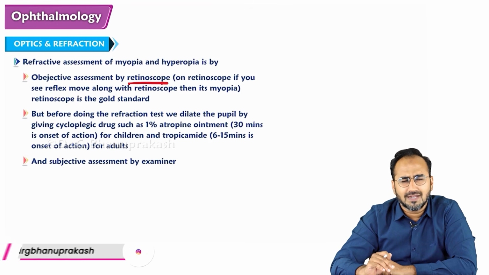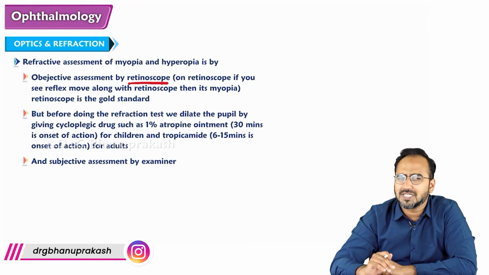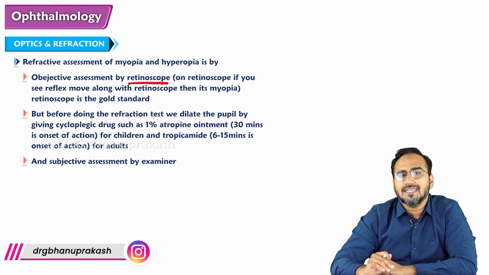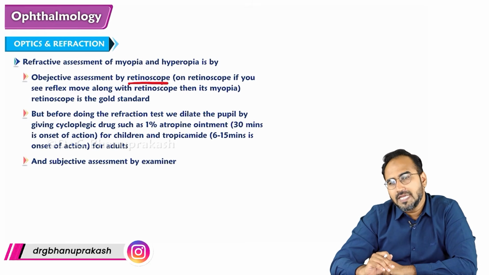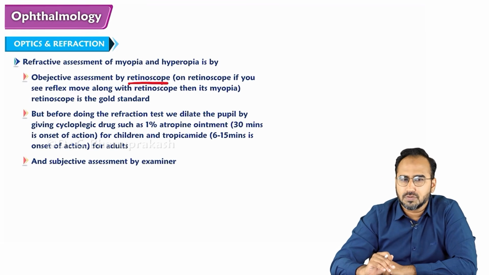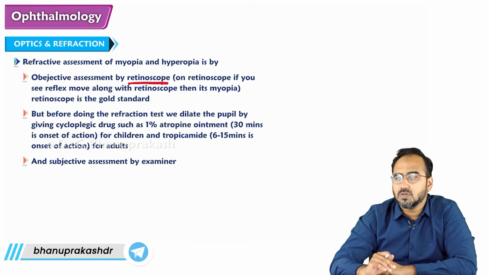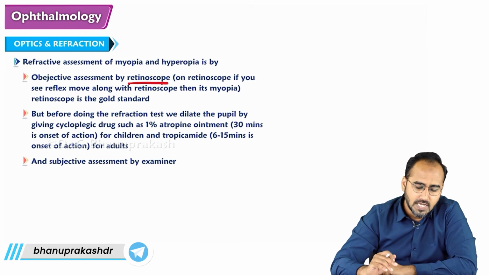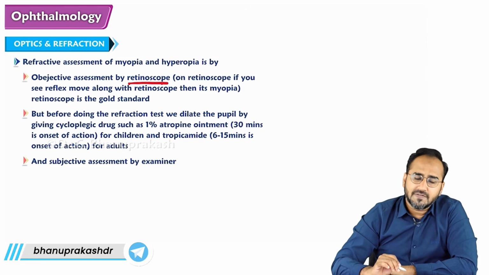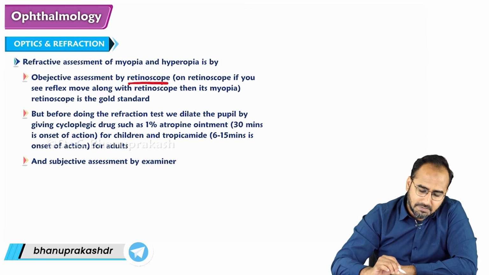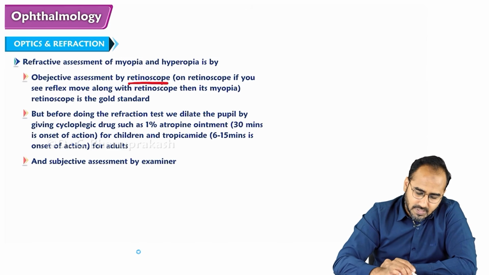If the patient is illiterate and suffering with myopia, what is the chart that we use? Illiterate E chart or Landolt's ring. For preschool children, Allen's chart or Lee's chart is used. For a pre-verbal child, optokinetic nystagmus is used.